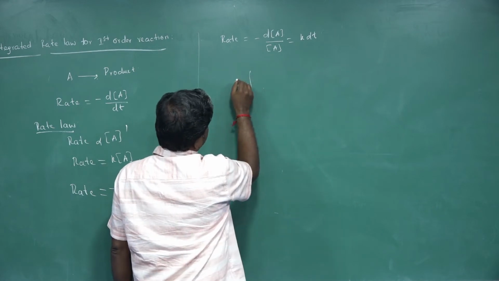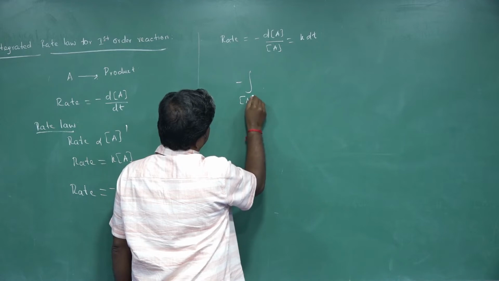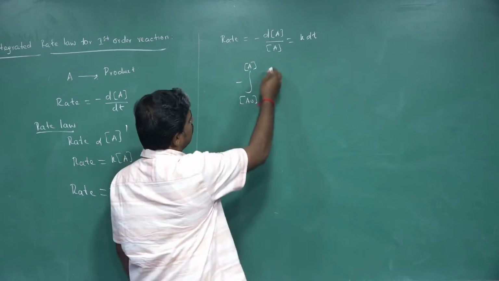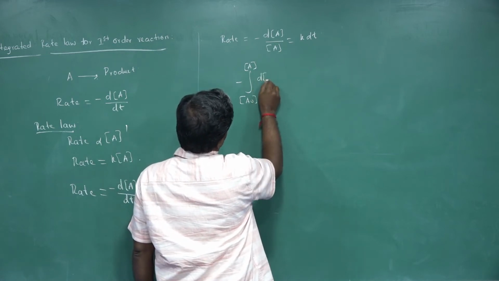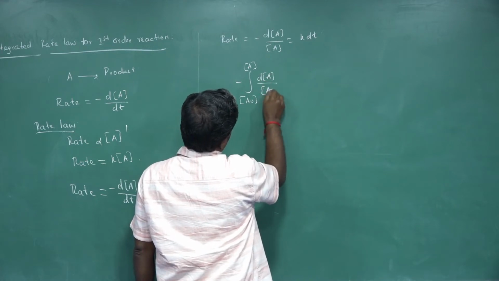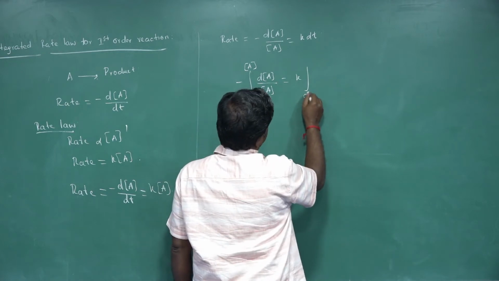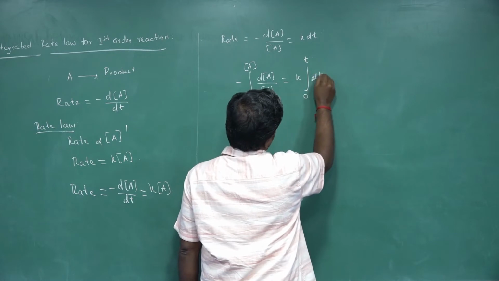Here the integration limits are concentration A naught to A, and d of concentration of A over concentration of A is equal to K times the integral from 0 to t of dt.